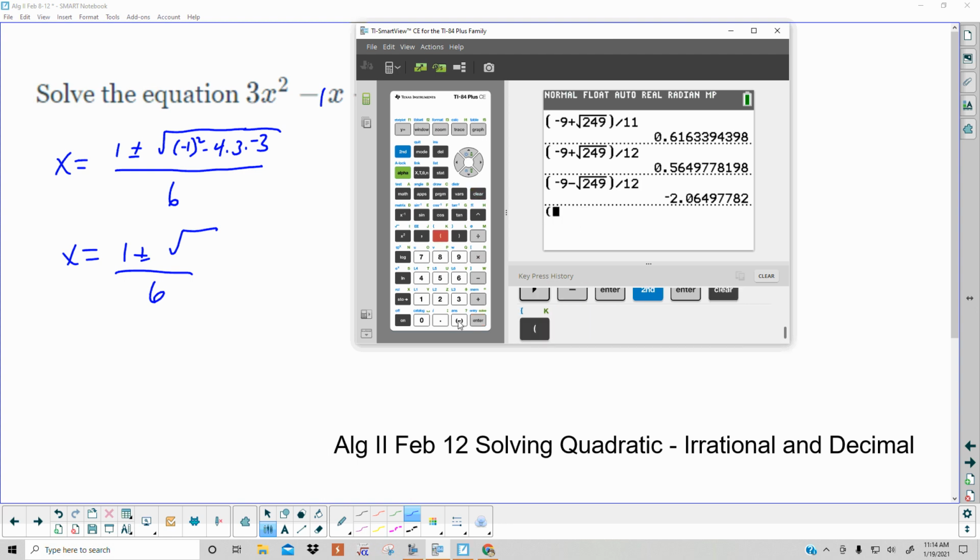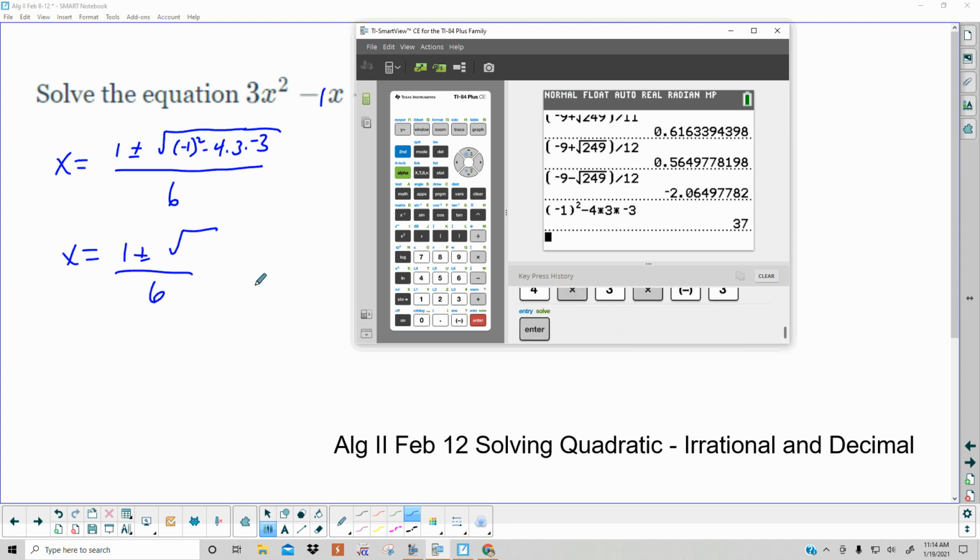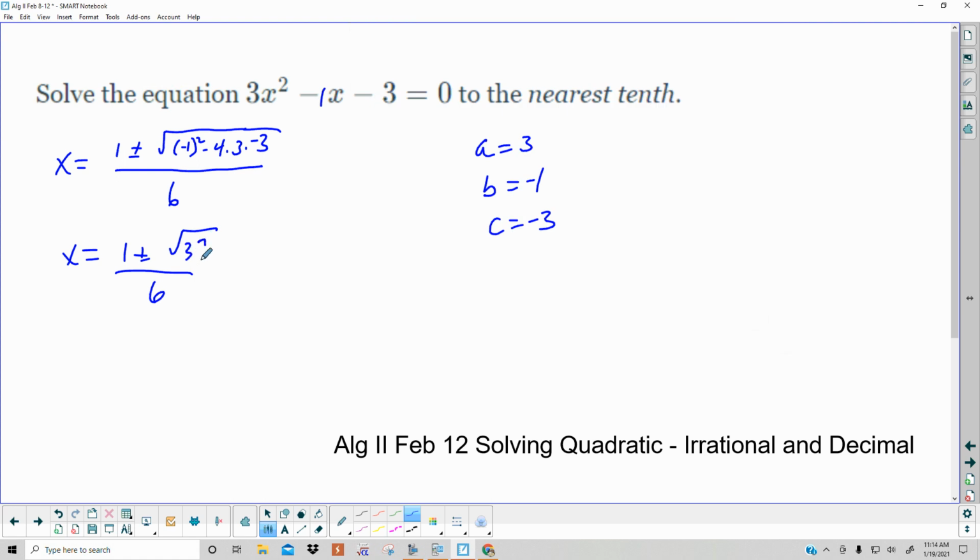So parenthesis, negative 1 squared minus 4 times 3 times negative 3. And you get 37. So now you have to type in 1 plus the square root of 37 over 6, and 1 minus the square root of 37 over 6. Again, rounding to the nearest tenth.